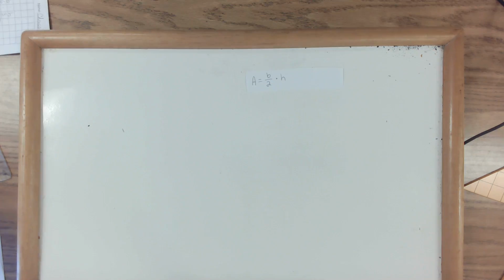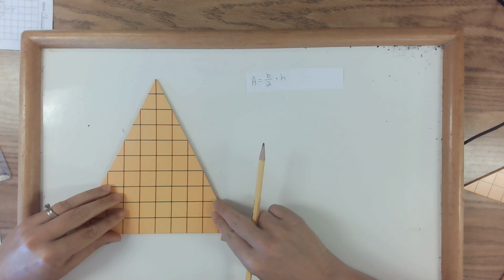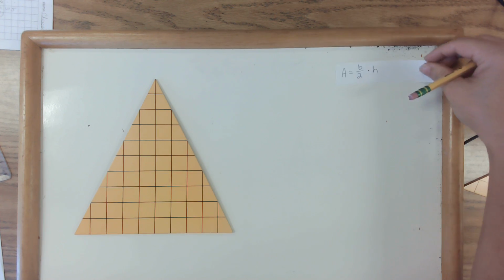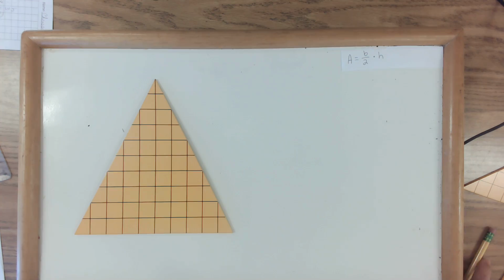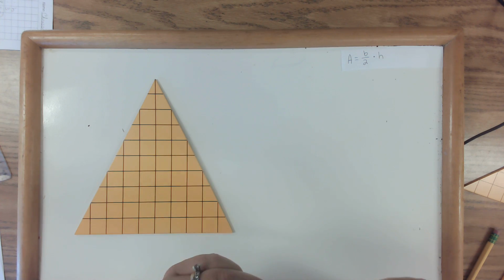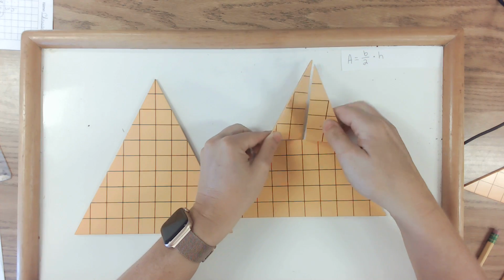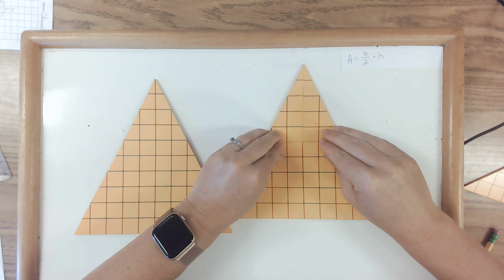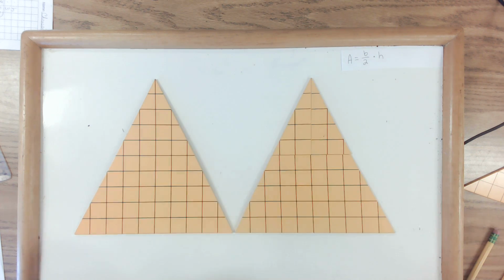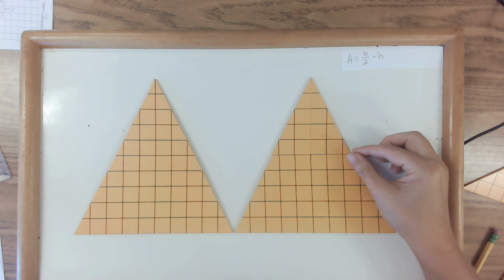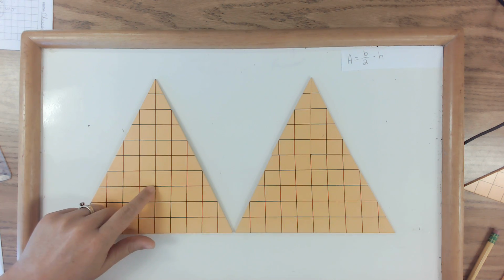So we'll go back to our original fixed triangle. I will put this right over here for now. Now I have another triangle, but it's going to look different in the end. Here's the triangle. Now we can see that it is congruent. It is the same shape and the same space as this one.